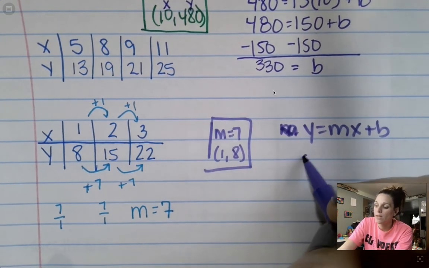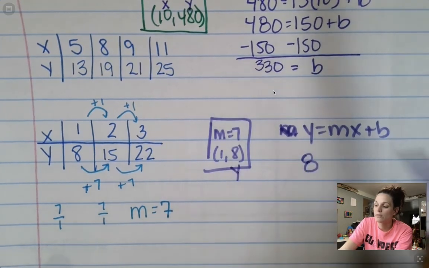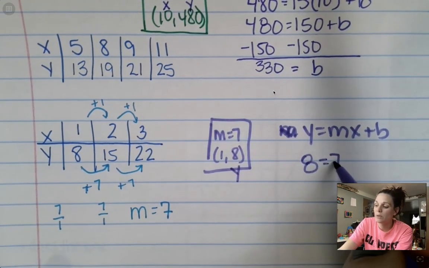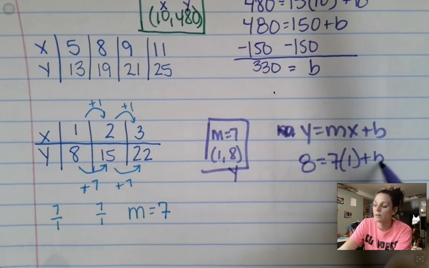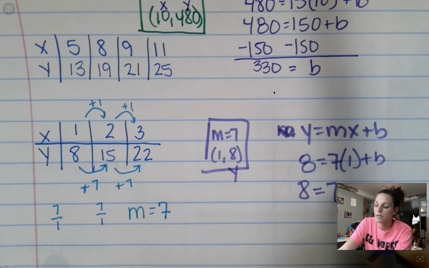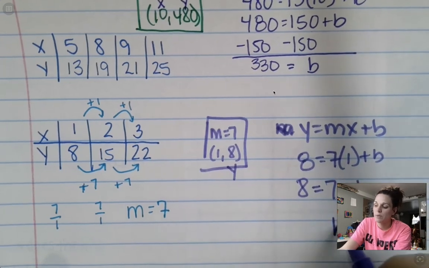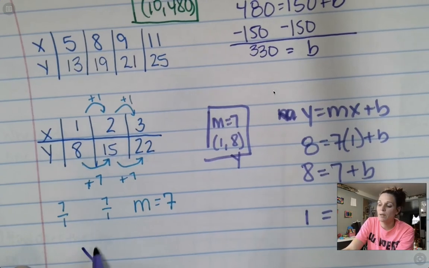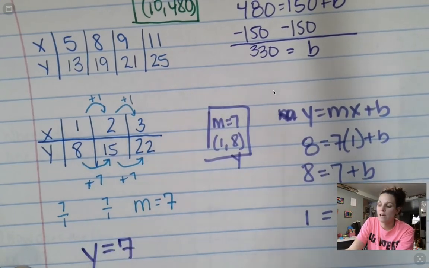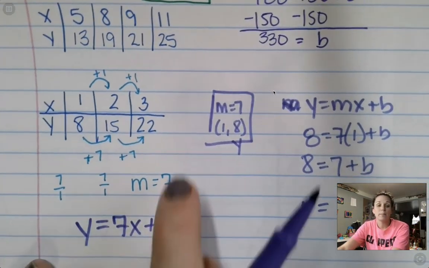My y value is 8, stole it from there. My m value is 7. My x value is 1. So now 8 equals 7 plus b. So b has to equal 1. So the equation to this table is y equals 7x plus 1.